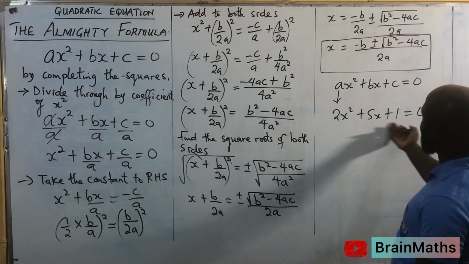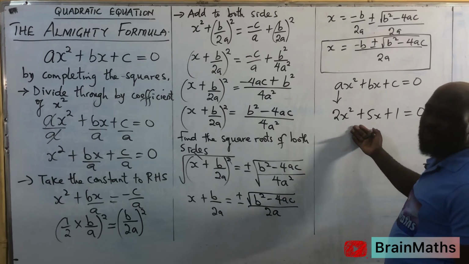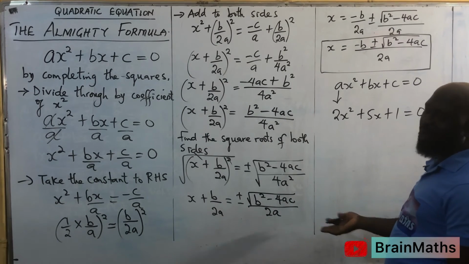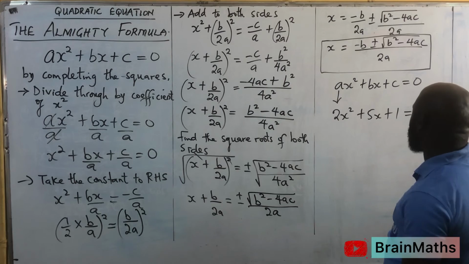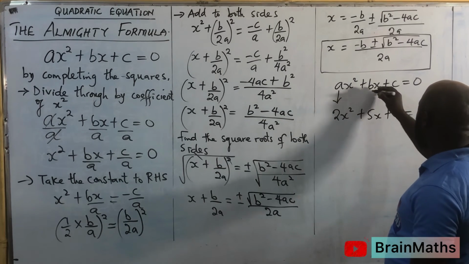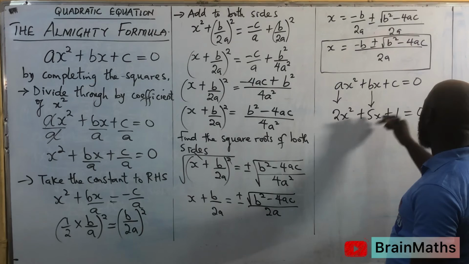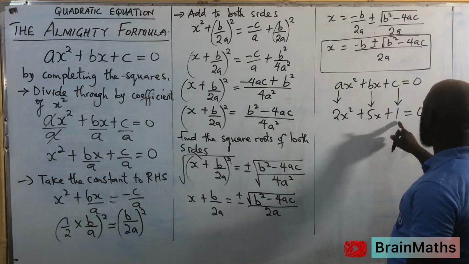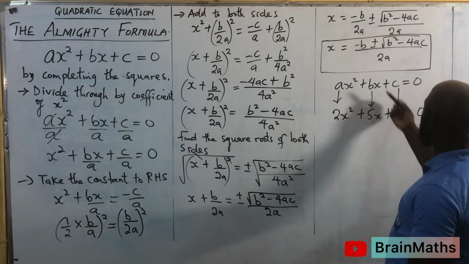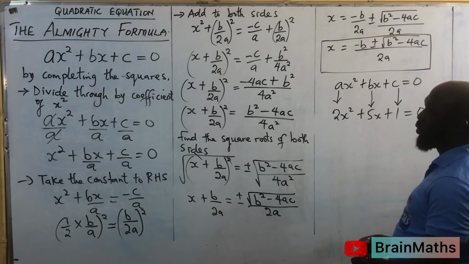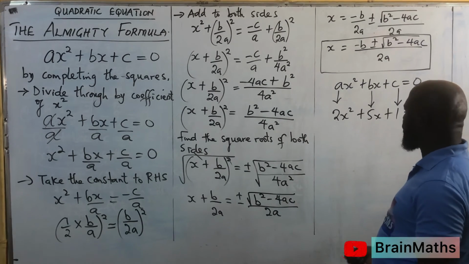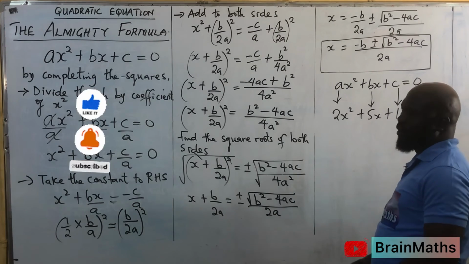It is obvious that we cannot solve this kind of quadratic equation by any method except the almighty formula or the completing the square method. So in this case, our a is going to be 2, our b will be 5, and our c will be 1. All we have to do is to identify these three and then slot them into the almighty formula and then simplify to get the value of our x.